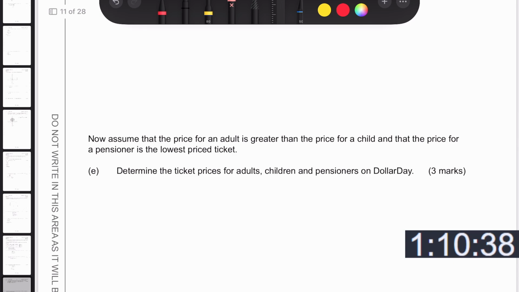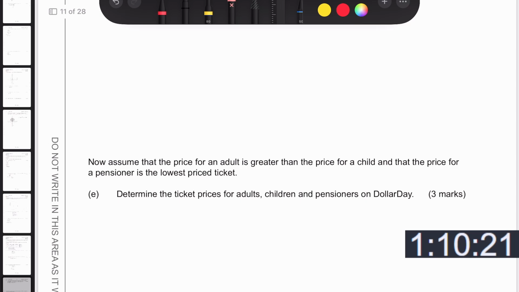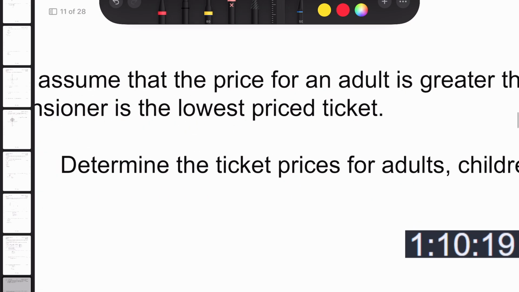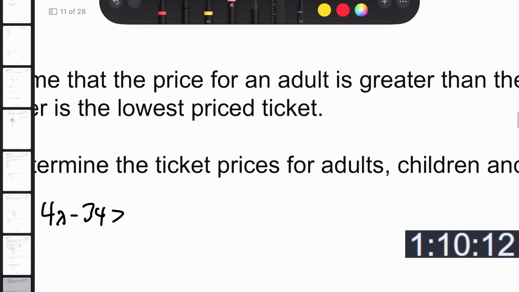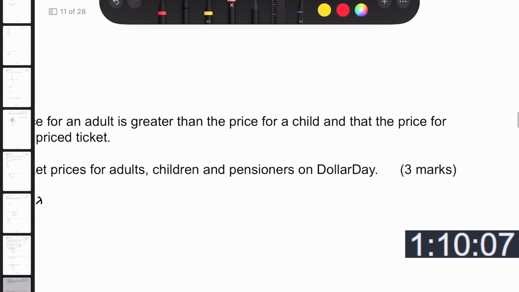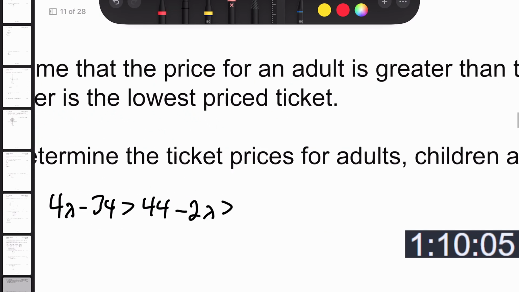Now assume that the price for an adult is greater than the price for a child, and the price for a pensioner is the lowest price ticket. So an adult, 4 lambda minus 34, is greater than 44 minus 2 lambda, and the pensioner is the lowest price ticket, which is less than lambda.